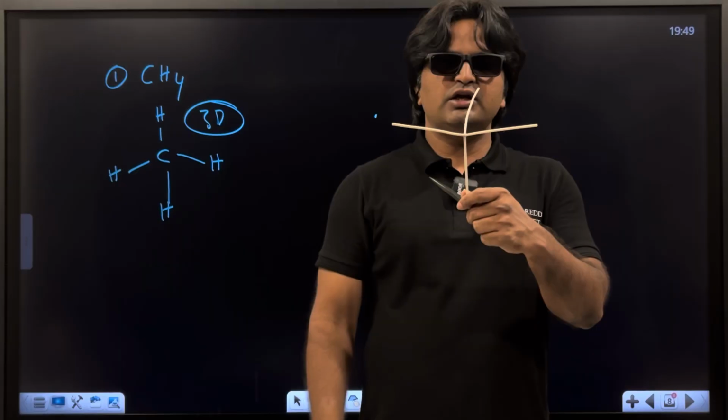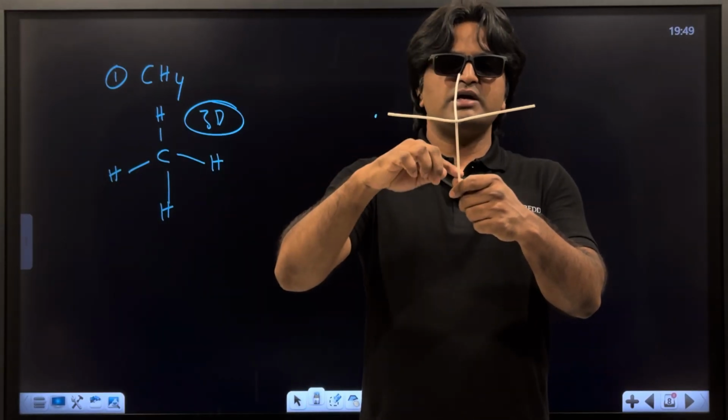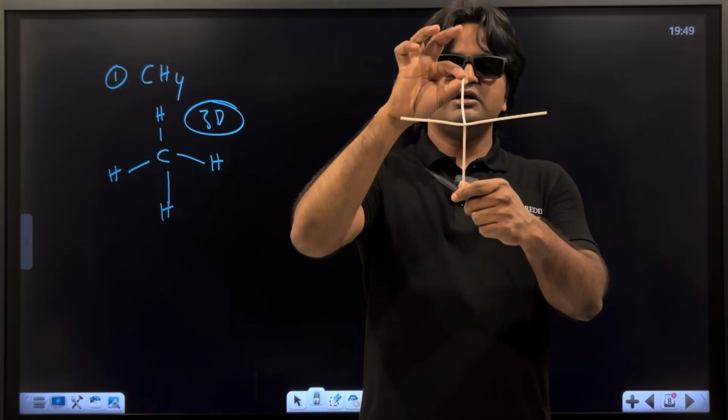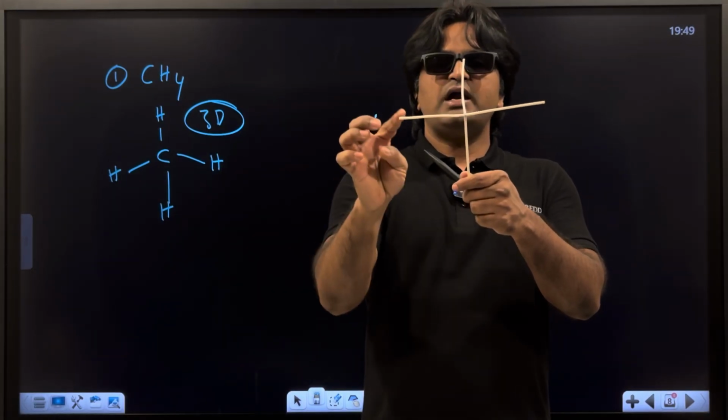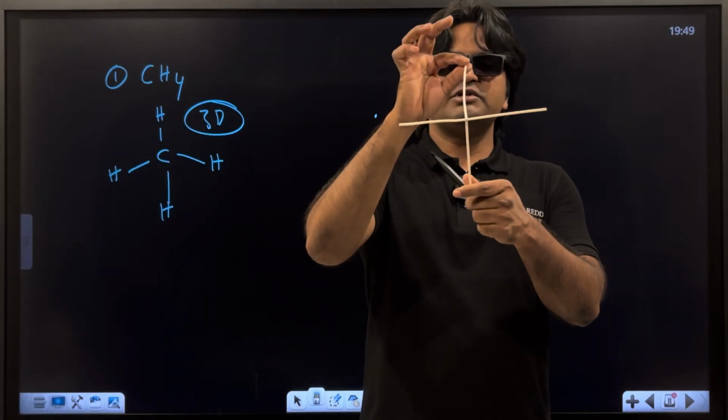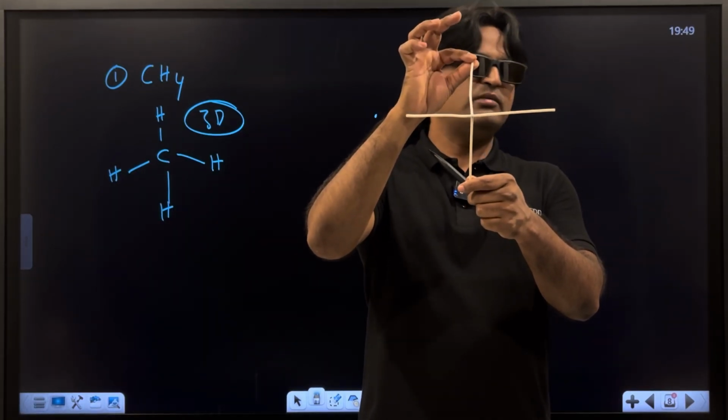Two bonds are nearer to the observer, and two bonds are away from the observer.